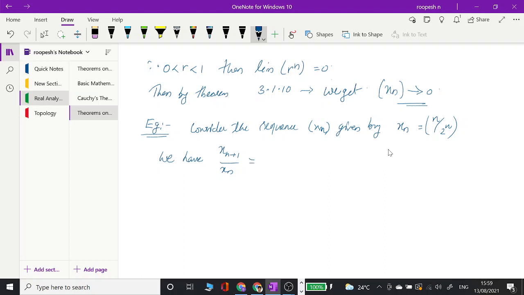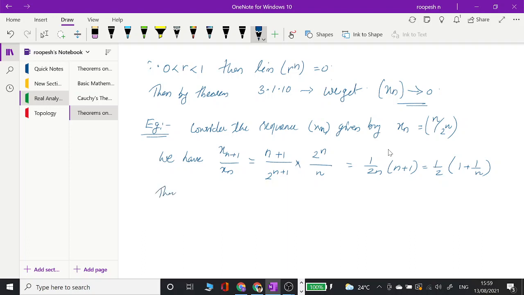And this equals, what should be the n plus 1th term? n plus 1 by 2 raised to n plus 1, into the reciprocal of xn, which is 2 raised to n by n. When you multiply, cancelling this 2, I will get 1 by 2n into n plus 1, or I can write this as 1 by 2 into 1 plus 1 by n, right?